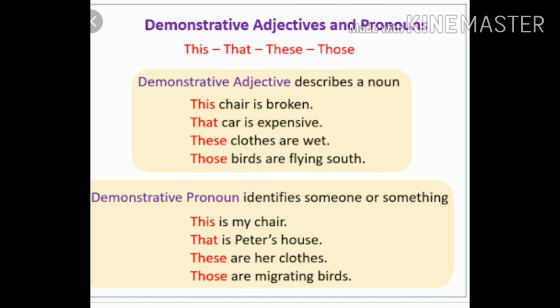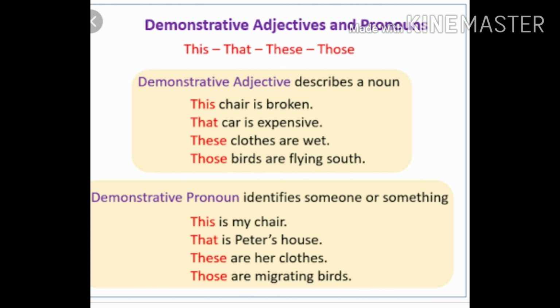Demonstrative pronouns are not followed by nouns because they are pronouns and therefore replace the nouns. A demonstrative adjective describes a noun. This chair is broken. That car is expensive. These clothes are wet. Those birds are flying south.